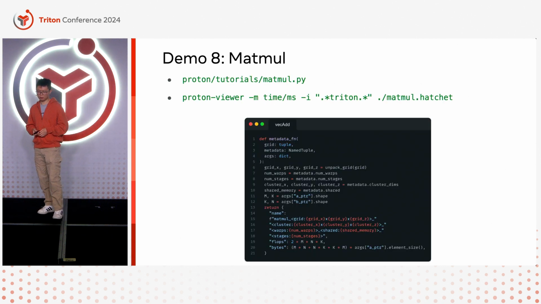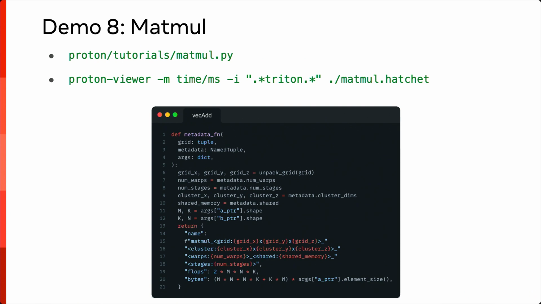Here's a concrete example of how to define your metadata function. This example is already available online under Proton/tutorial matmul. So here we want to do 2 things. The first thing is to rename this Triton kernel to supply more information. We can just grab the values from the grid field to get its grid dimension on X, Y, and Z. Besides, we can also directly obtain the number of warps and number of stages from the metadata variable.